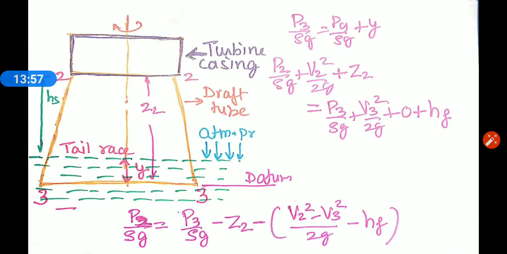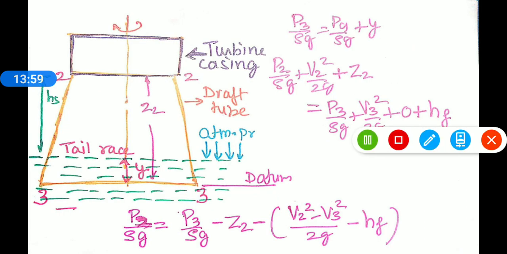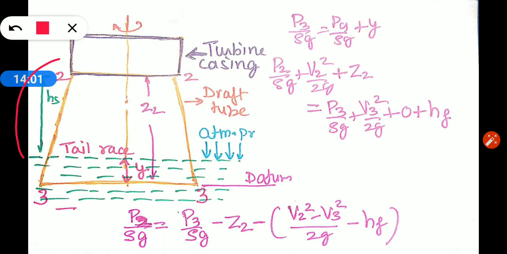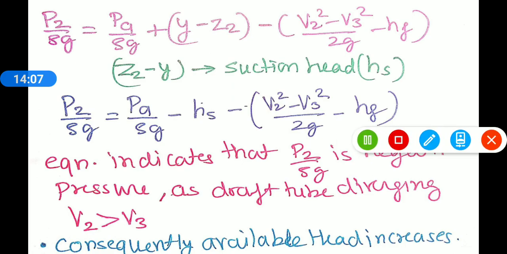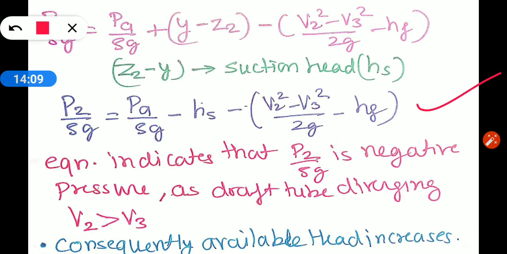HS is the height between the runner exit and the tail race level. You simplify this and get the equation, which itself proves that you are getting a negative pressure, indicating that P2 by rho g is negative. That's why there is a rise in work output, and consequently we are getting a higher head. So this finishes this topic.